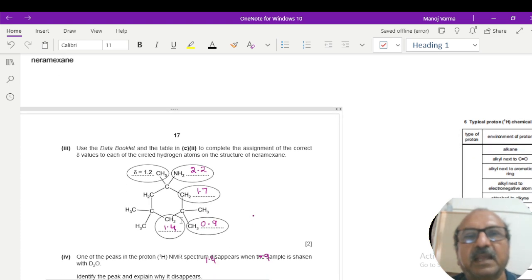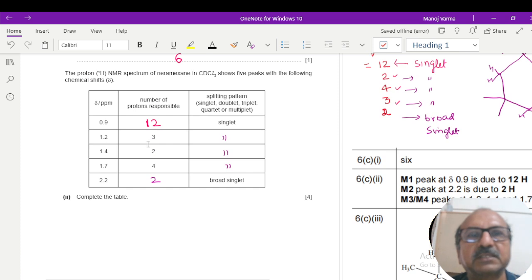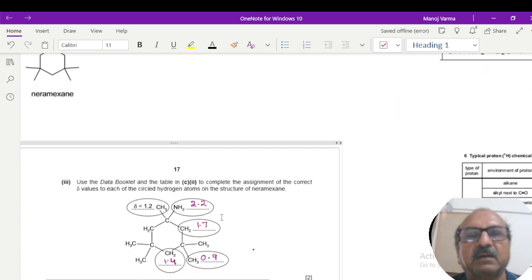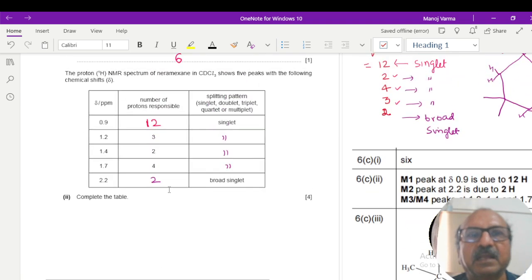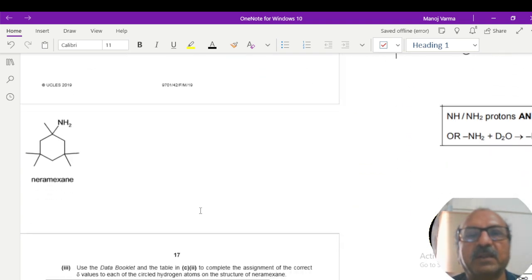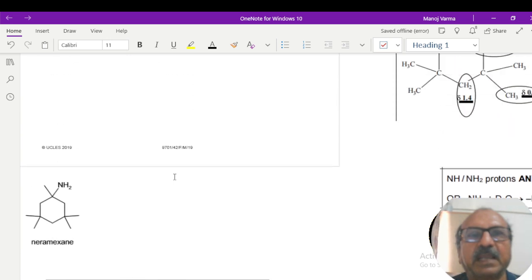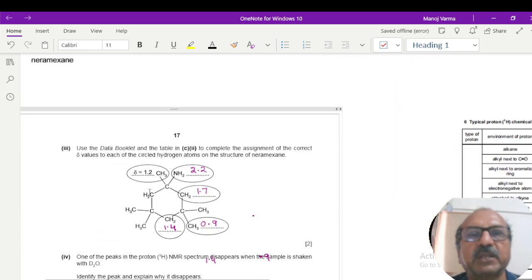Then for these two protons, just see here, for two protons it is 1.4, so you straight away write down 1.4. Then these are the four protons, so for four protons you have 1.7. For 3 protons, again go back and check, it's 1.2, so you write 1.2 here.